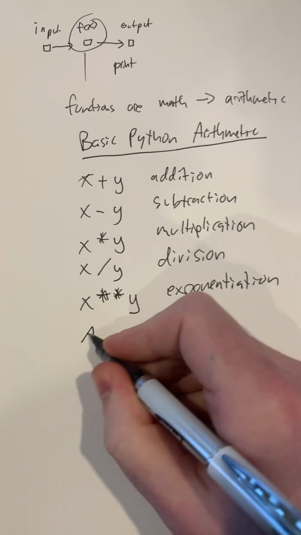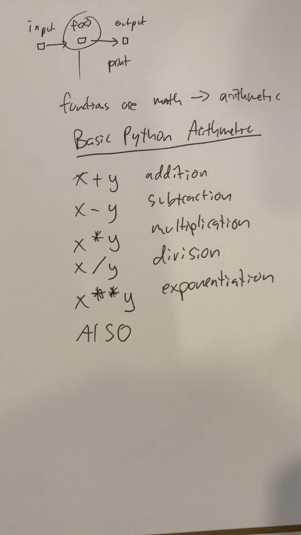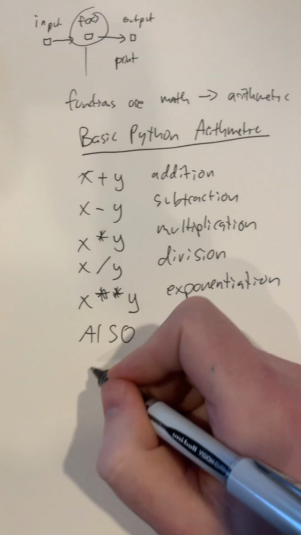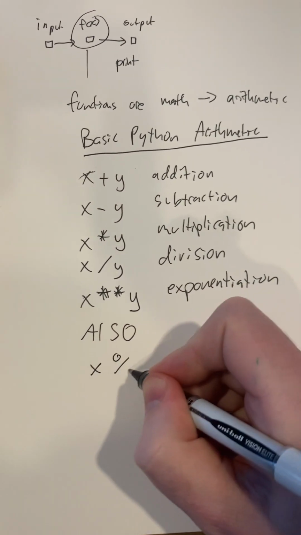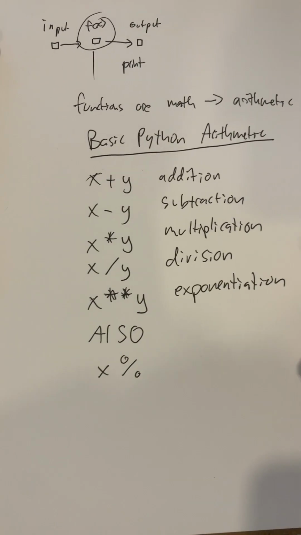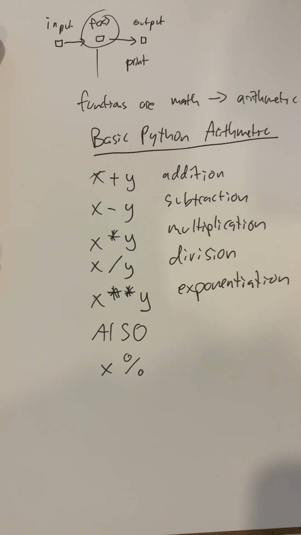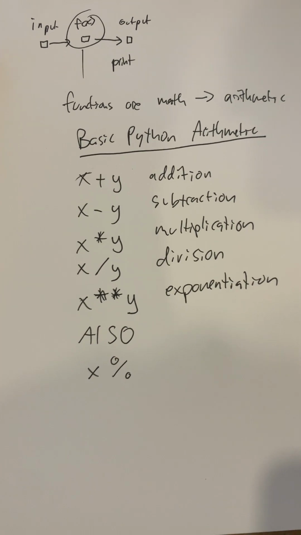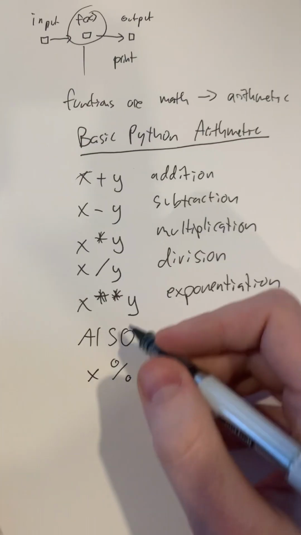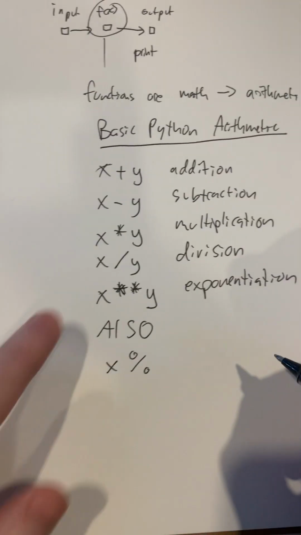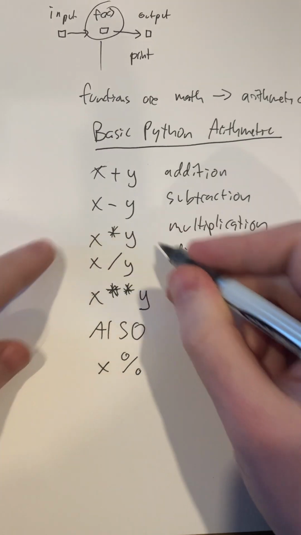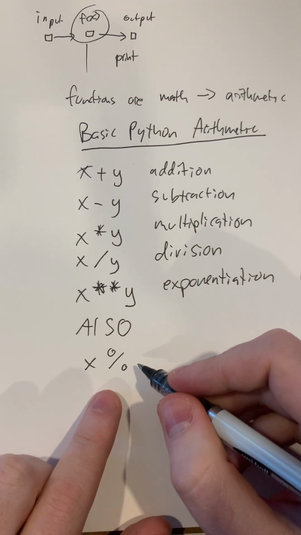Also, last but not least, mod. Oh, I believe also this notation works, but I like this double asterisk notation. It's right in line with the multiplication as well.